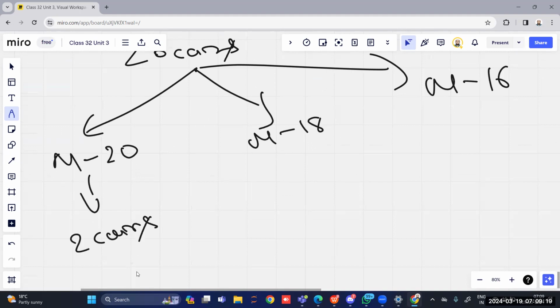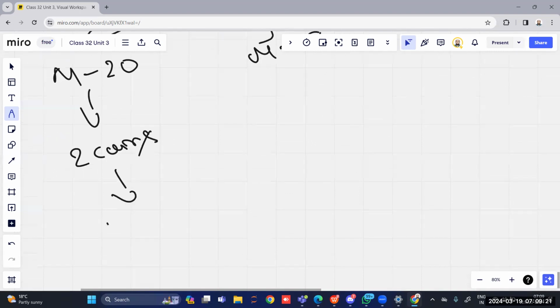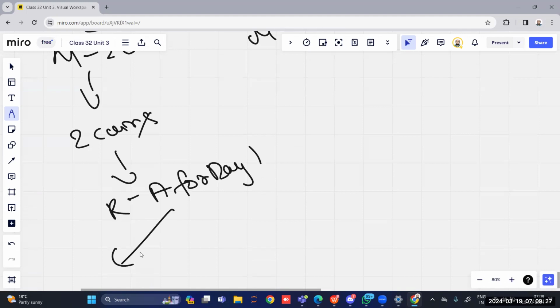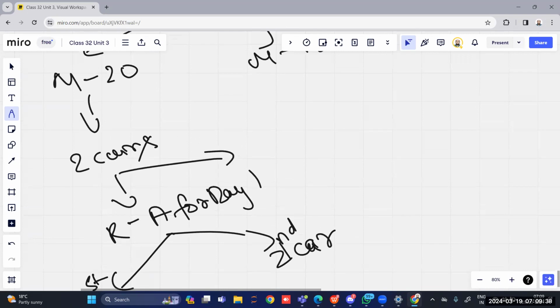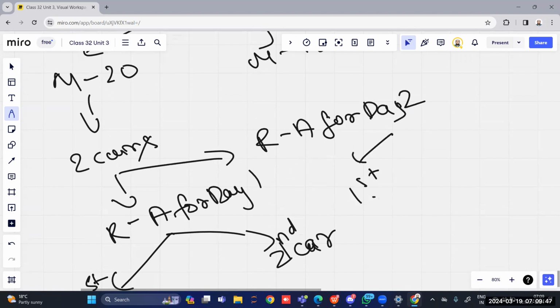Then we'll do random assignment for day one, so there will be one car and the other car, the first car and the second car. Then we do random assignment for day two, again first car and second car.